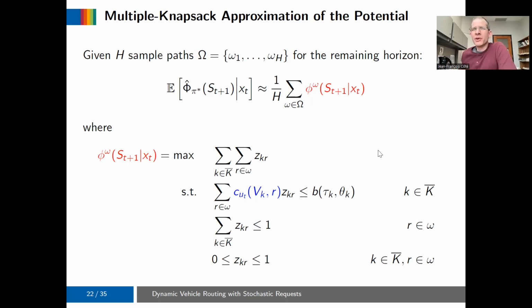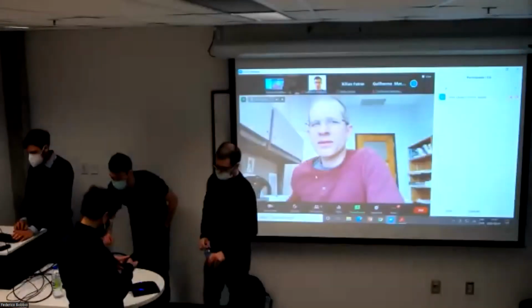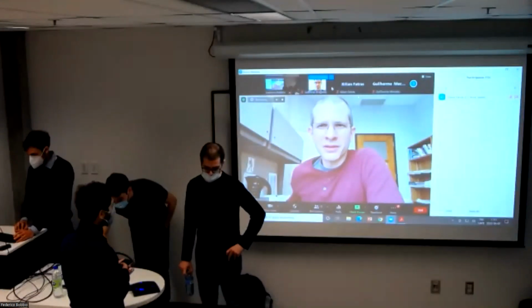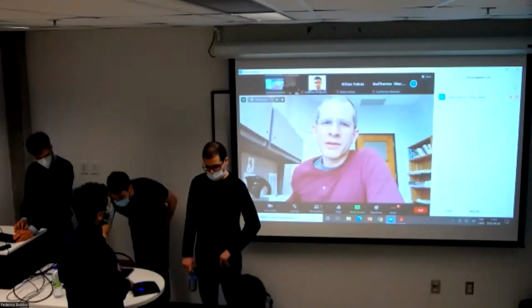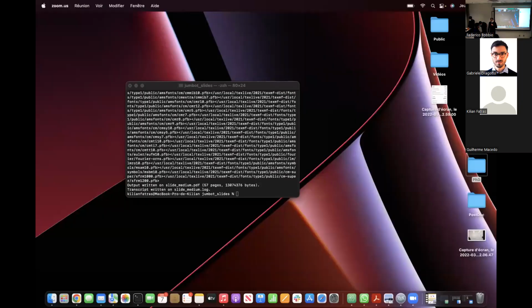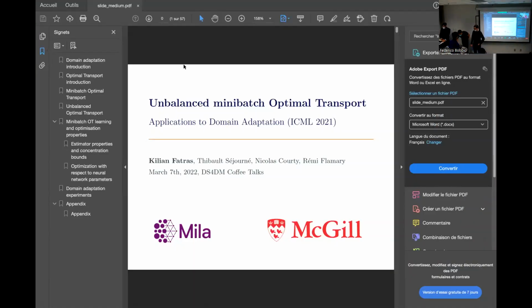I was wondering why you're not minimizing the distance as well in your reward function. In the setting that we consider, we just care about optimizing the number of accepted requests. It's the more prototypical version of DVRP.